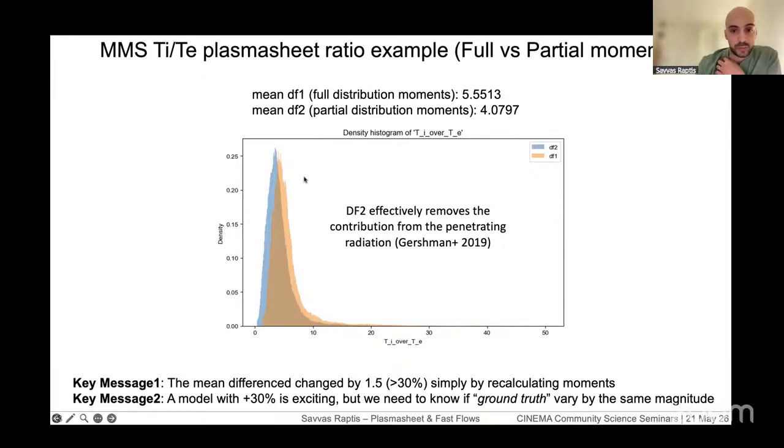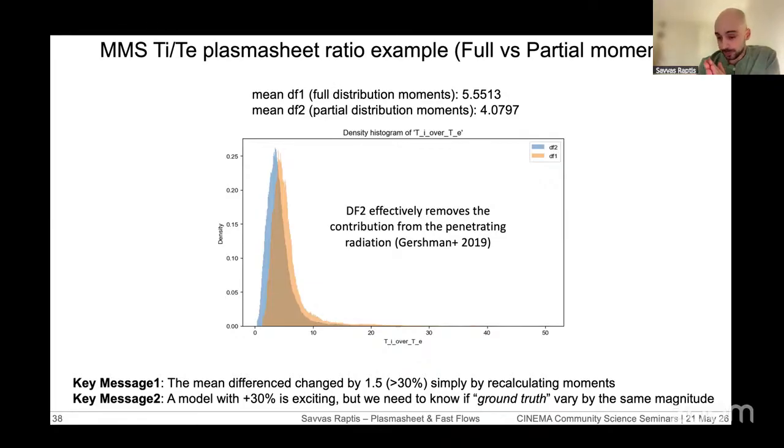And just as an illustration, again, the same kind of note. Here you see a distribution of the Ti over Te value from MMS, shown as orange for the full distribution, and as blue with what I call here partial distribution. Partial distribution essentially means that we only use specific energy bins to integrate that we know are not affected by things like penetrating radiation that I showed you in the previous slide.